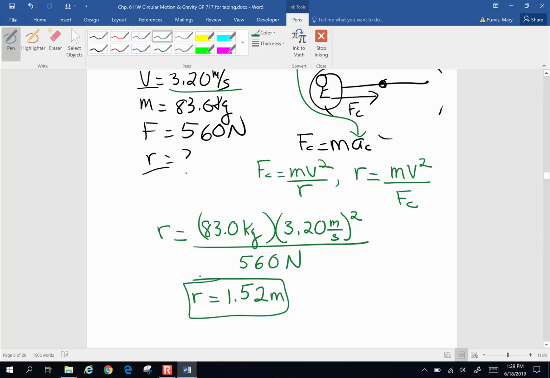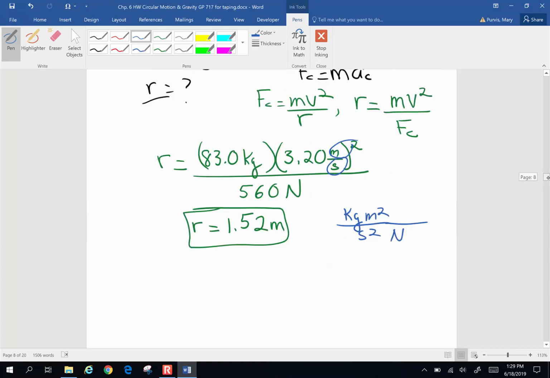Let's take a moment and look at where these units ended up and see if they make any sense. I'm going to have kilograms on the top, meters squared per seconds squared, meters on the bottom, and all of this is divided by a newton. Now a newton is a kilogram meter per second squared.